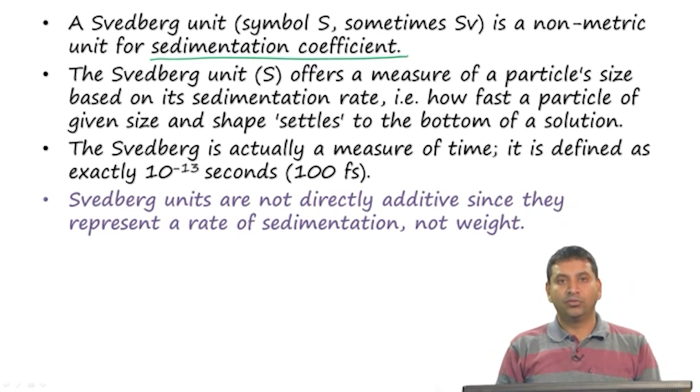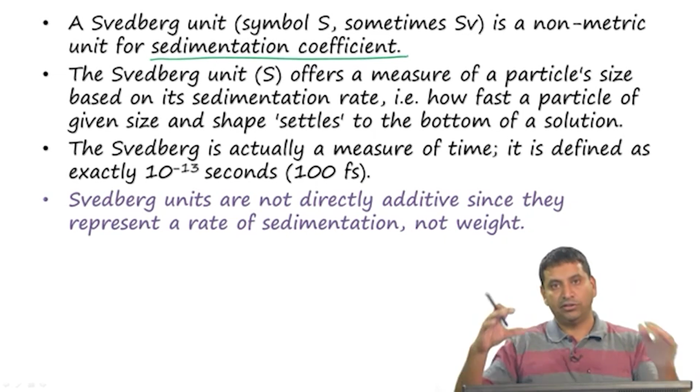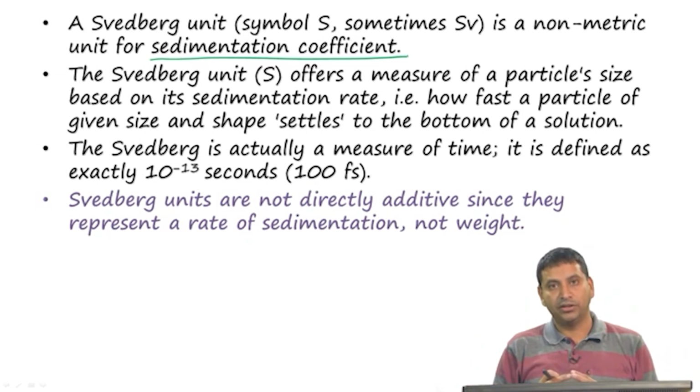Svedberg offers a measure of particle size based on the sedimentation rate, that is, how fast a particle of a given size and shape settles down to the bottom of a solution. Svedberg is actually a measure of time, and it is defined as exactly 10 power minus 13 seconds, which is actually 100 femtoseconds.